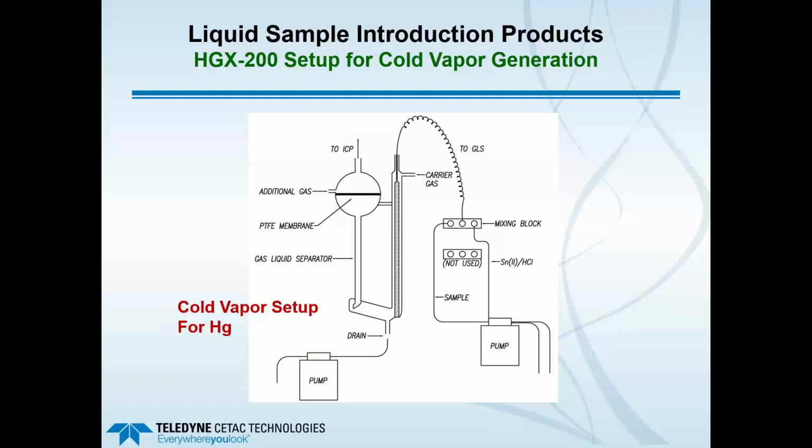We can then pump our sample and reagent, in this case, the stannous chloride, directly into the mixing block through the mixing coil and into the gas liquid separator of the HGX-200. Also, this reaction does not generate any byproduct gas such as hydrogen. So this reaction does tend to be quite stable, and backgrounds tend to be quite stable.